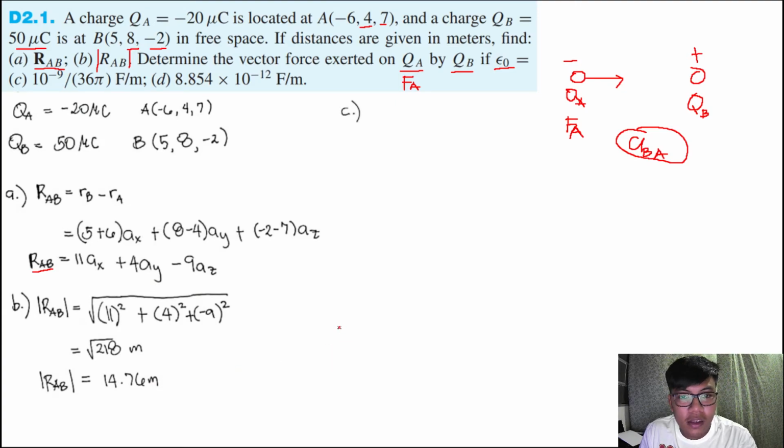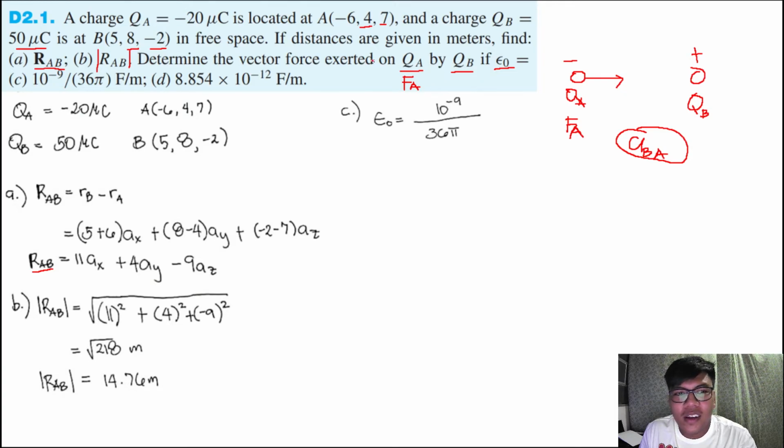Ngayon, kunin natin yung letter C, which is yung vector force, no, between charge A and B. Gamit yung 10 raised to negative 9 over 36 pi. Okay. So, the force between them is equal in magnitude but different in direction.